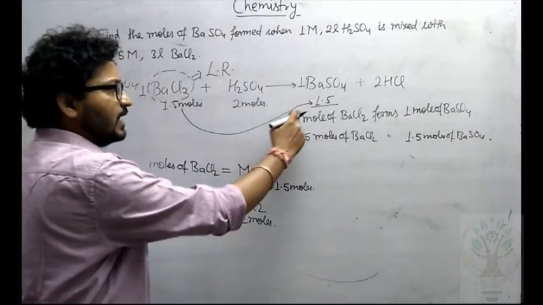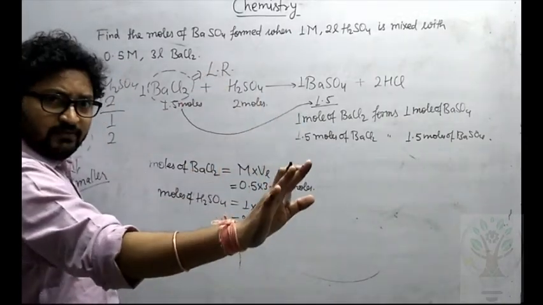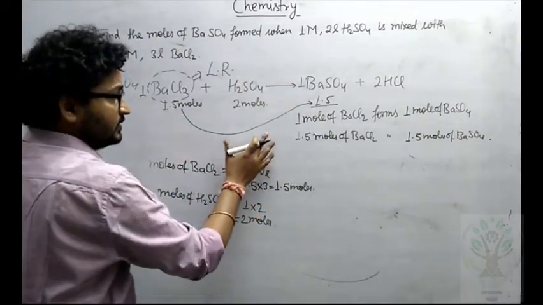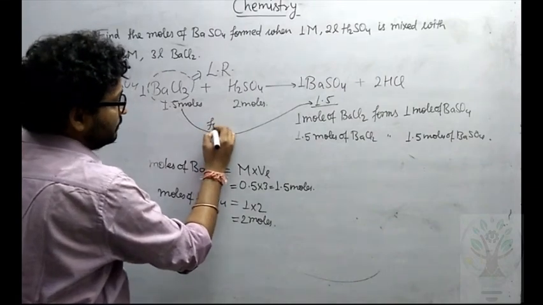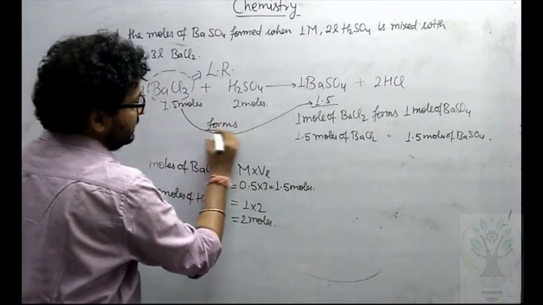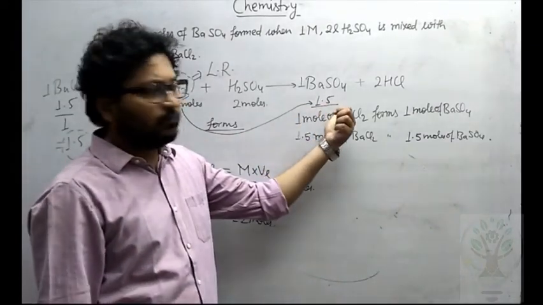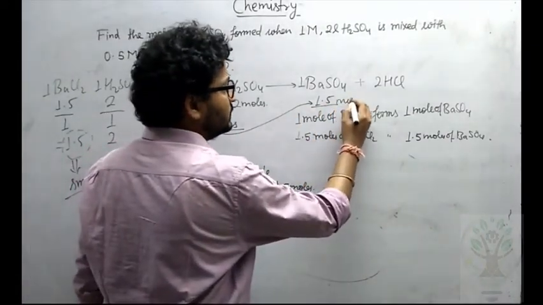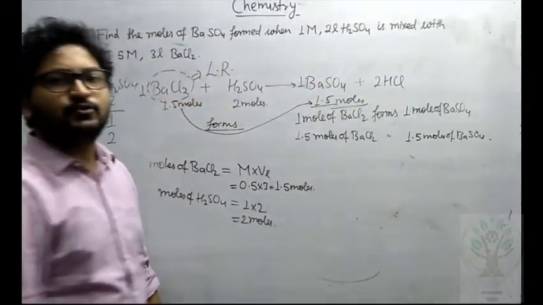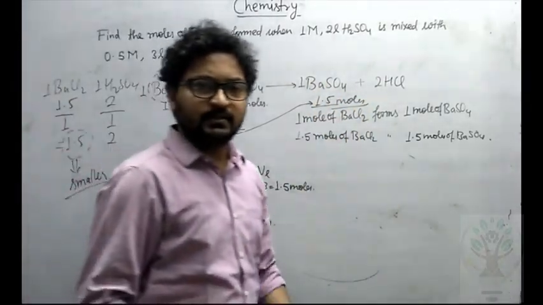Here the words 'forms' are written automatically, though invisible. It is directly written here. The 1.5 moles form 1.5 moles of what? BaSO4. I hope this is clear to us.